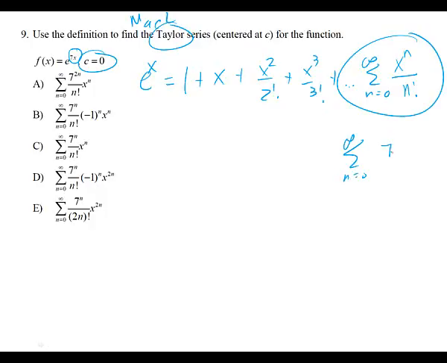So I'm going to put 7x. Sorry, you're going to put 7x in, not 7. 7x in. All right, so now let me distribute that n in. So I've got the sum from n equals 0 to infinity of 7 to the n, x to the n over n factorial. Is that one of our choices? It's C, isn't it?